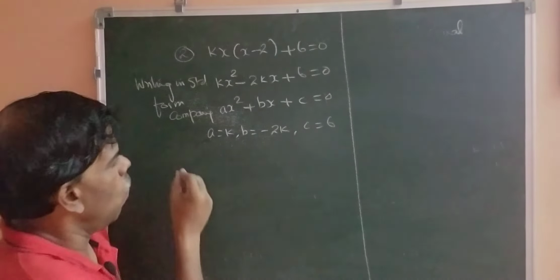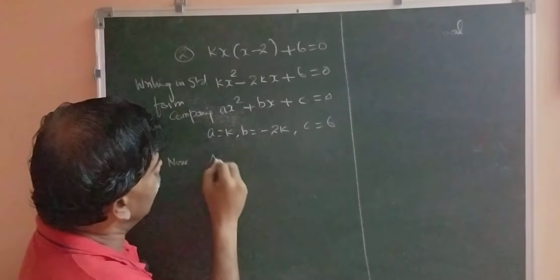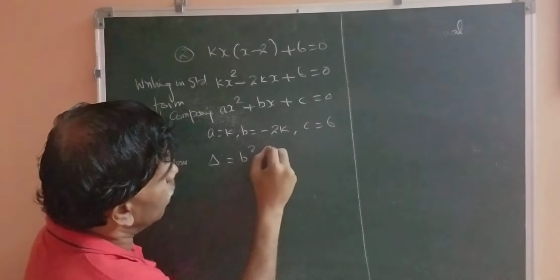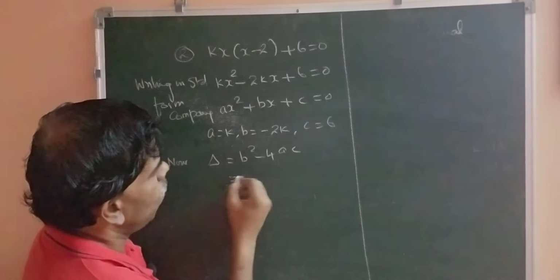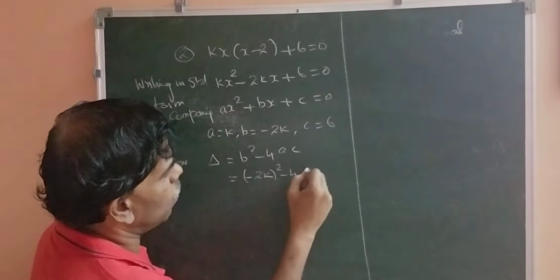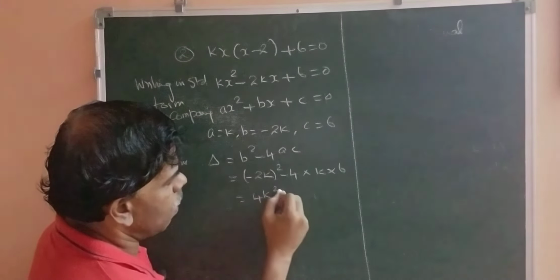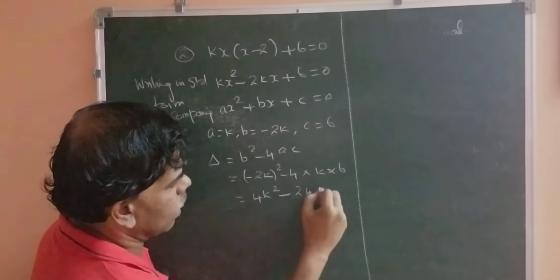Right? Now we have to find out del, no? B square minus 4ac. What is b square? Minus 2k. Substitute the value. Minus 4 into k into 6. So 4k square minus 24k.